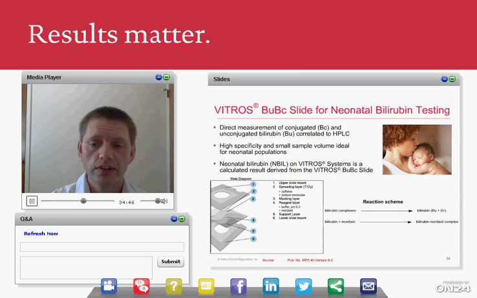Now, this is something that needs to be accounted for in adults, but neonates really have no albumin-bound bilirubin. So essentially, adding up the unconjugated and conjugated bilirubin that actually enter into the slide does give you a measurement of total bilirubin.